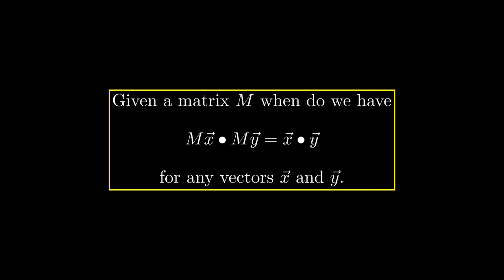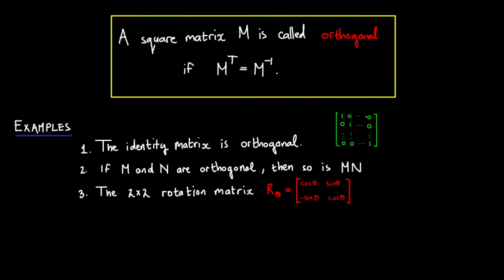But to answer this question, we're going to have to introduce a new concept, which is the concept of an orthogonal matrix. A square matrix is said to be orthogonal if its transpose is equal to its inverse. So it has an inverse, and the transpose equals the inverse. A rather peculiar kind of property, but we have many examples.